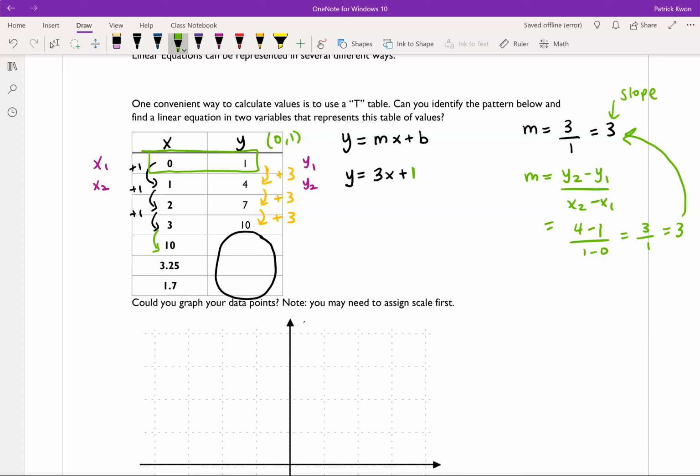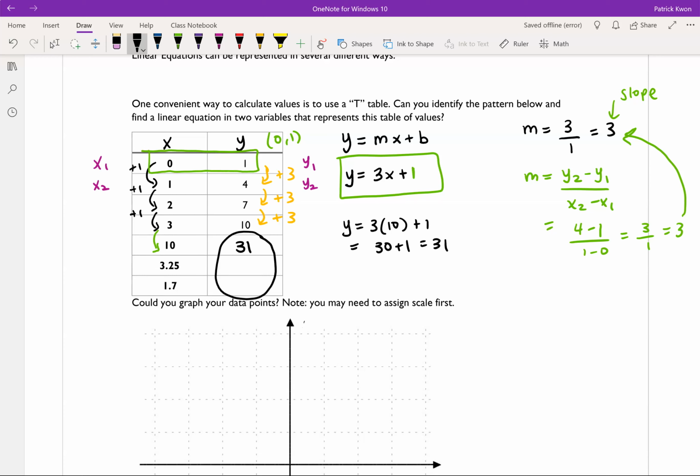So now that we have our linear equation, we can go ahead and plug these x values in to figure out our y values, or our output values. So let's go ahead and plug in 10. So if we do 3 times 10 plus 1, that's equal to 30 plus 1, which equals 31. And so 31 would go there.